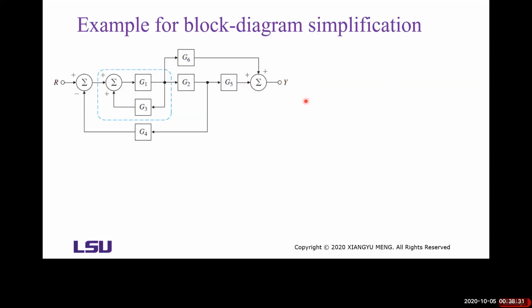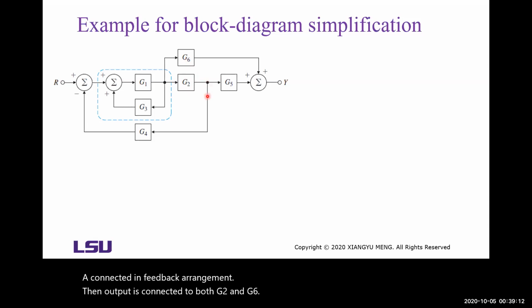Now let's look at the second example for block diagram simplification. Input R, output is Y. In the forward loop, we have a feedback loop. G1 and G3 are connected in a feedback arrangement. Then the output is connected to both G2 and G6.